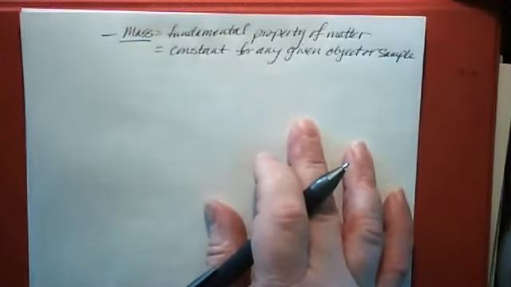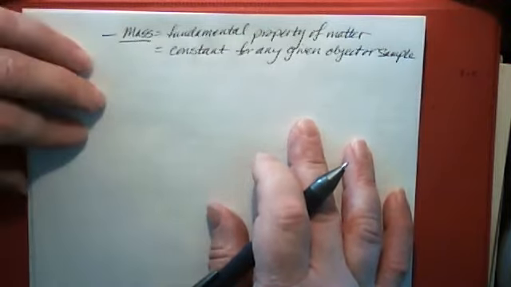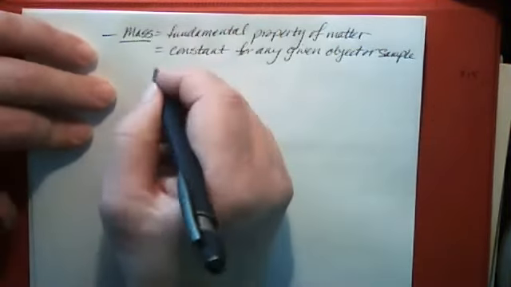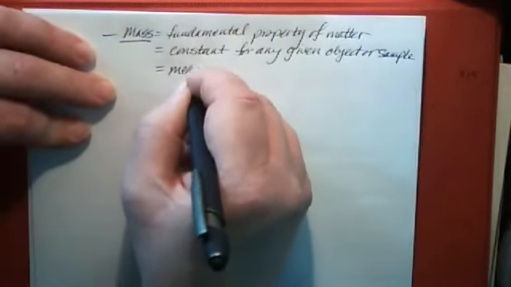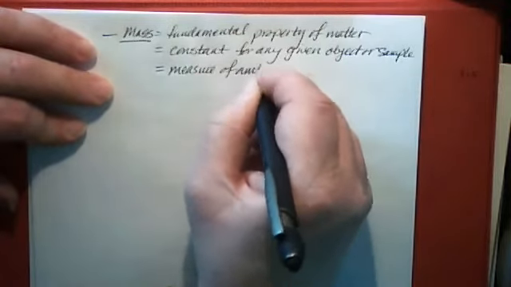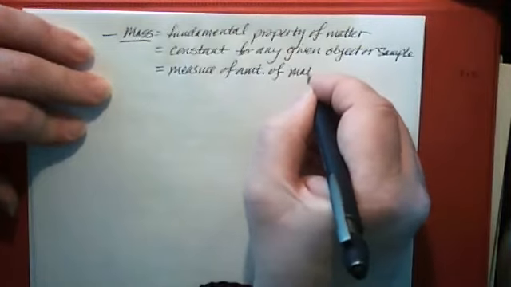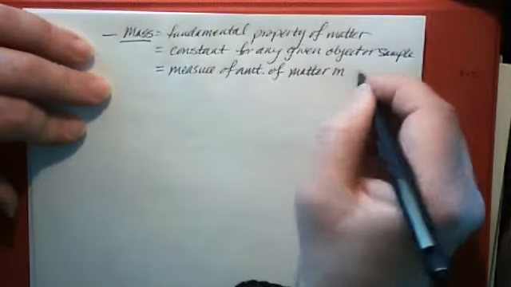You know, if you have a piece of metal and you hack a piece off of it, then the mass will change, although the total mass of all of the pieces will still be the same as it was before. And mass is the measure of the amount of matter in an object or sample.